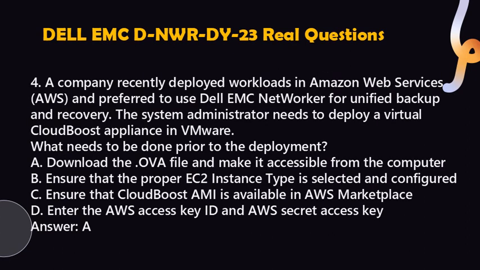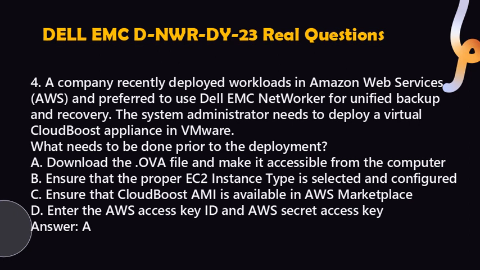4. A company recently deployed workloads in Amazon Web Services, AWS, and preferred to use Dell EMC NetWorker for unified backup and recovery. The system administrator needs to deploy a virtual CloudBoost appliance in VMware. What needs to be done prior to the deployment?